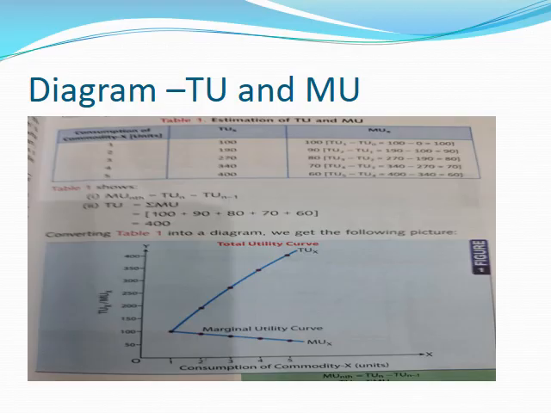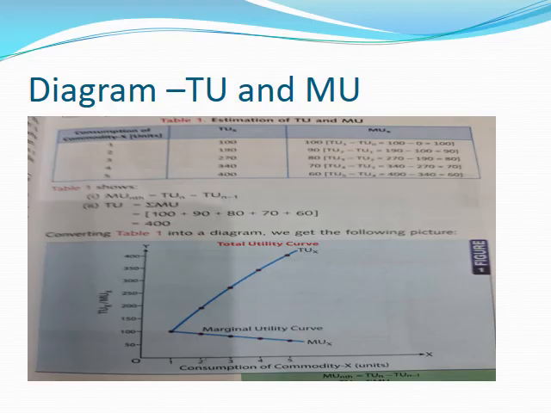In the same way, we can derive the marginal utility curve. From the first unit, we get marginal utility 100. So both the curves begin from the same point, but as we go on consuming the commodity, the marginal utility derived from every additional unit goes on decreasing.